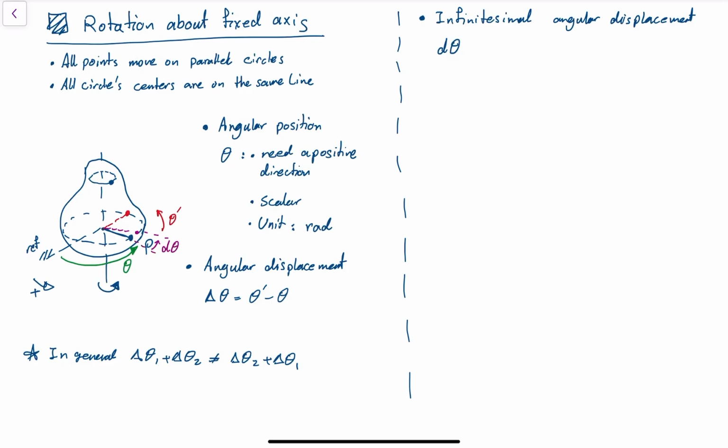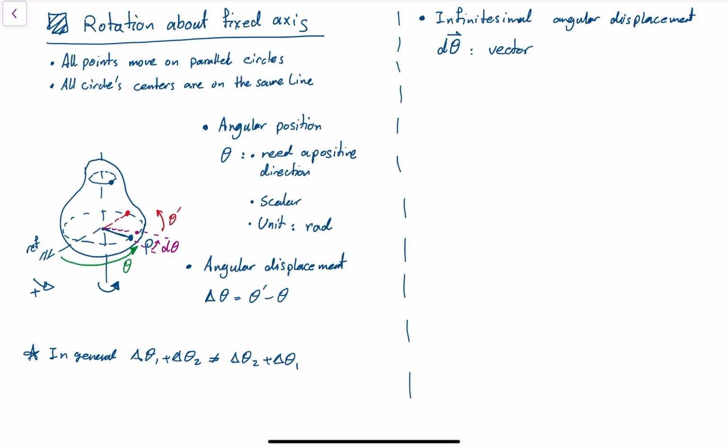If the size of this displacement becomes tiny, then d theta actually becomes a vector. You can again test it with your phone.